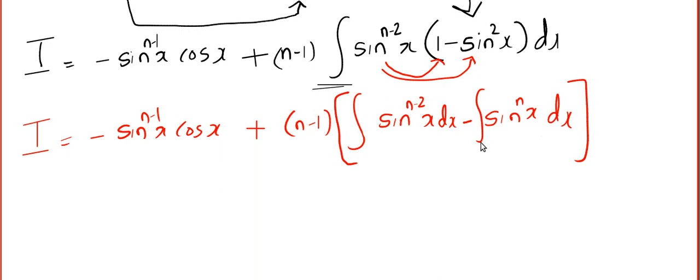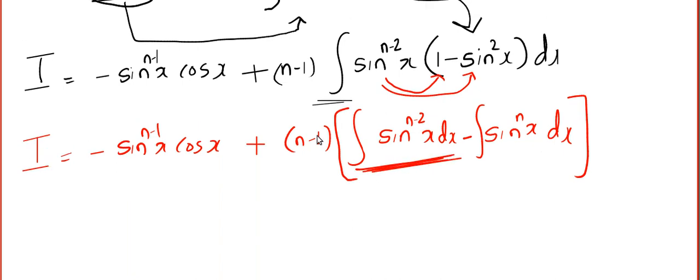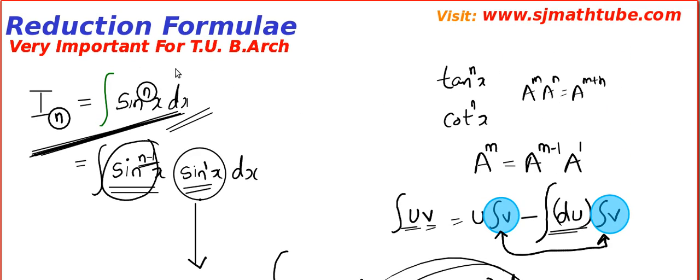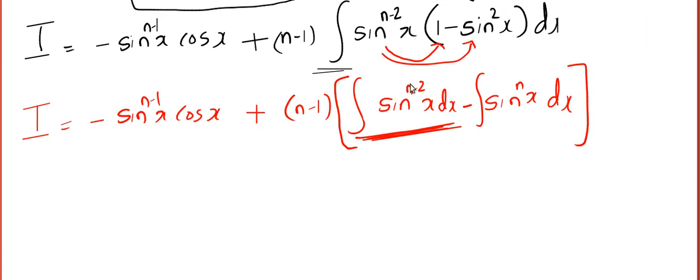Okay, now comes the ultimate question. Who is this character? Wait a minute, I have seen that somewhere. Okay, in the beginning I told you, I am giving the name I_n by associating it with the power n. So look at this. Now we got something similar to that. We got power n minus 2 and power n.